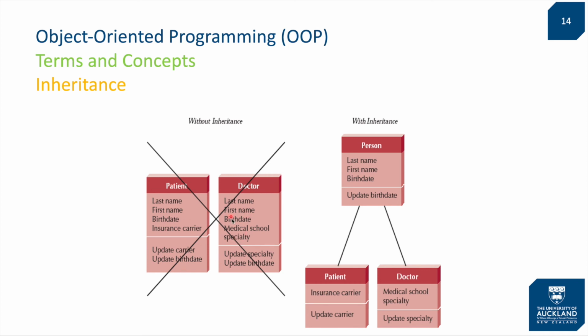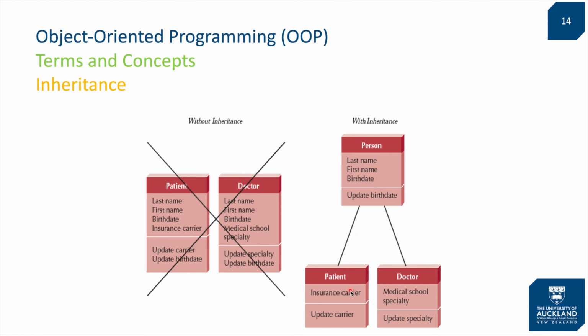If that's the case, we can use inheritance to design this superclass, and let's say we name the superclass a person. We put in all the common operations and attributes, like here, and then we declare patient and doctors as subclasses of person.